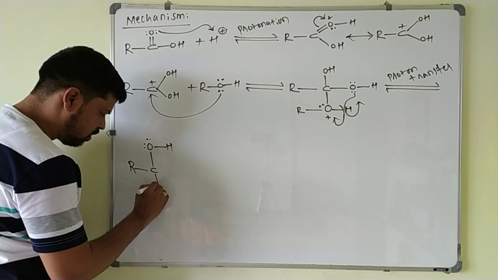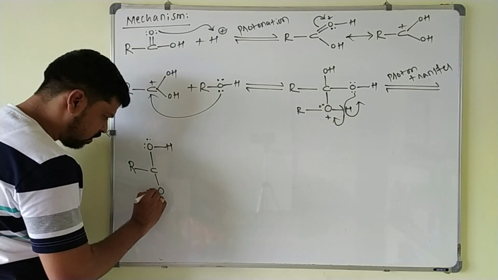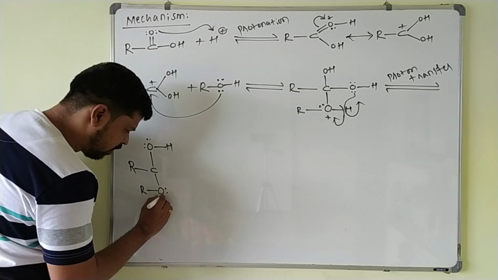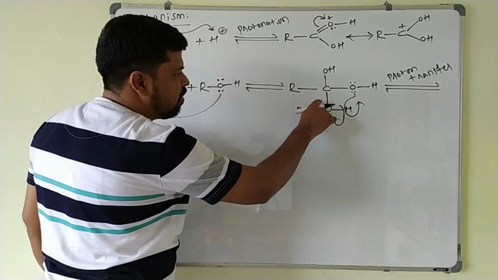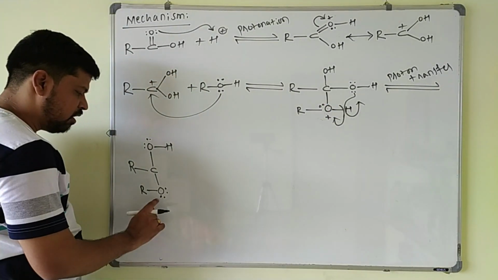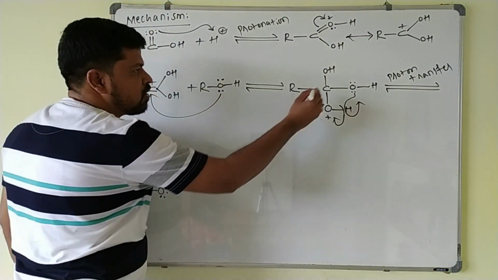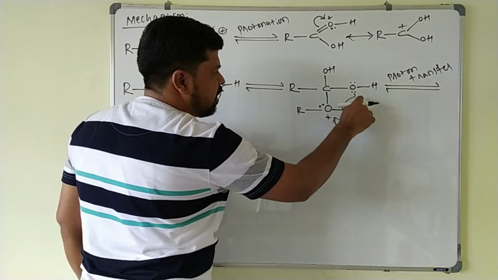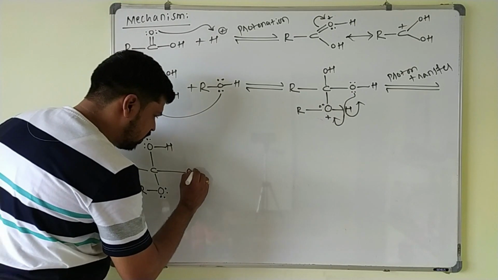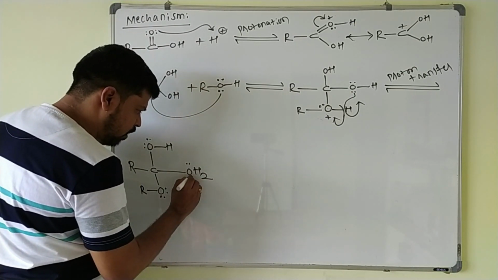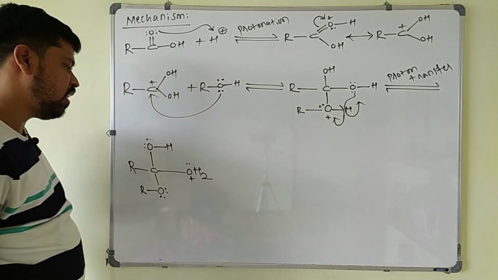This is your oxygen, which is connected to one alkyl group. Now it gets 2 lone pairs of electrons. Already one lone pair of electrons is there, this bond pair is given to oxygen, you will get 2 lone pairs of electrons, and here this oxygen gets a positive charge now, because it is connected to another hydrogen, so that you have to write OH2 here, because one lone pair of electrons is given towards hydrogen.